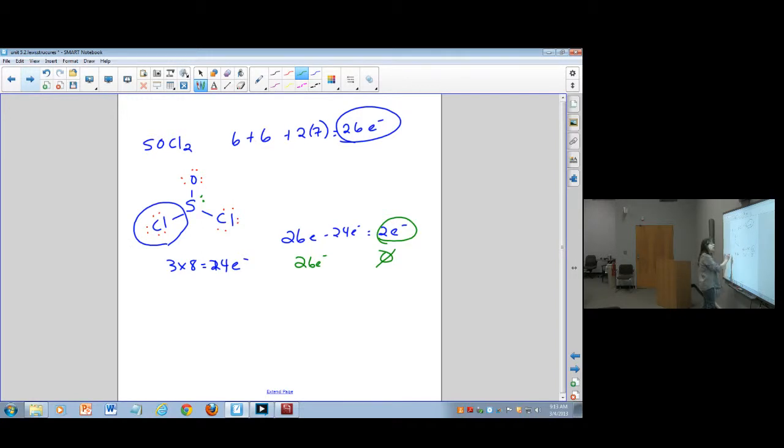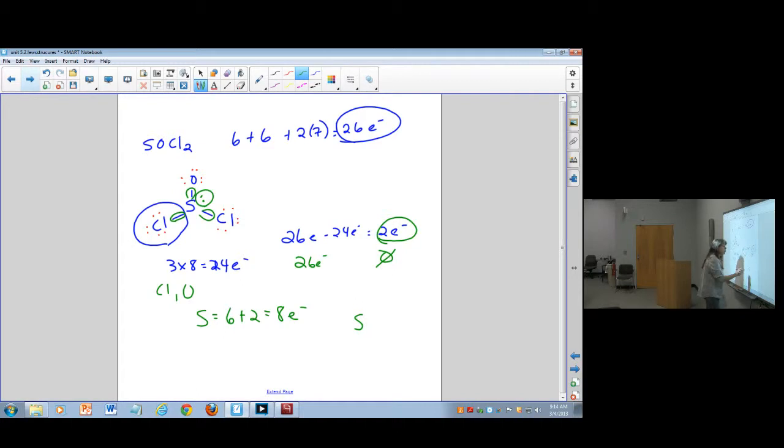We know the chlorines and the oxygen were fine. What about sulfur? Sulfur has the 6 electrons in these bonds plus this 2 in the lone pair, and that gives you 8 electrons, so this is a good structure.